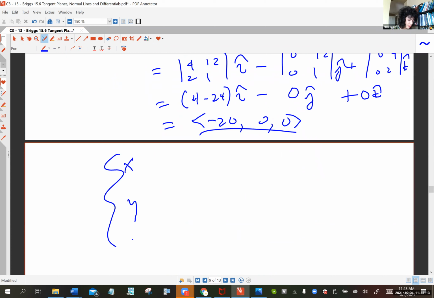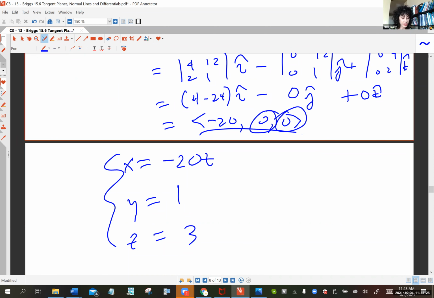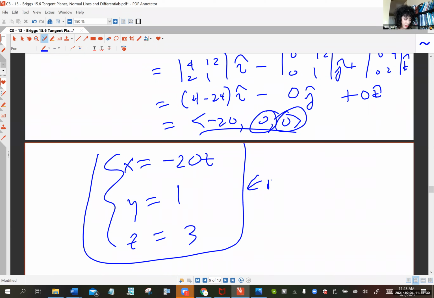So your parametric equations are, and 0, 1, 3 are the coordinates of the point, and the 0 won't even bother. So this one is negative 20t, and then since the direction vector has 0 as its other components, you don't even have to do anything else. And here are the parametric equations for the tangent line to the curve of intersection.